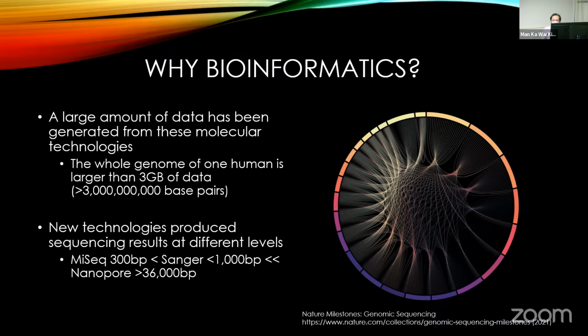Now it has changed. It was not the 1990s. Now even one technical staff or one scientist can sequence a human exome with just one machine overnight, and it can already generate the result. So all this data has been generated very fast and in a short period of time.